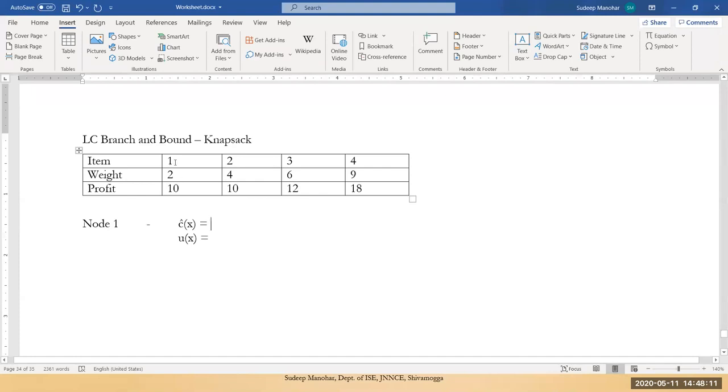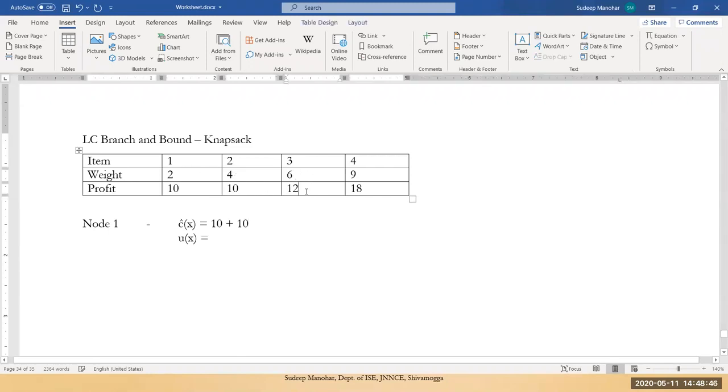If you consider item number 1, it is of weight 2, and the profit is 10. If you consider 4, 2 plus 4 is 6. 6 is lesser than 15, the knapsack capacity, so you can consider the profit of the second also. 2 plus 4 plus 6: if you consider the third item, that is 6 plus 4, 10, 10 plus 2, 12. 12 is lesser than 15.